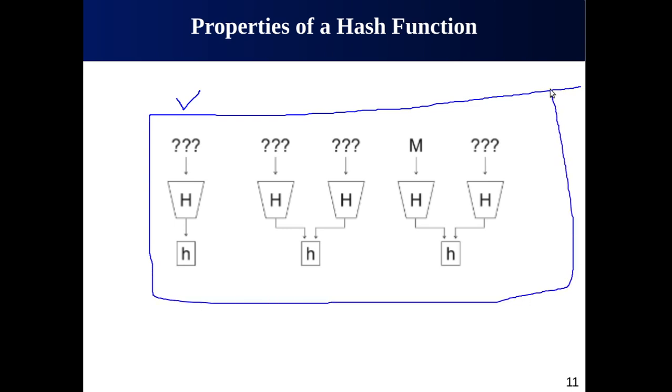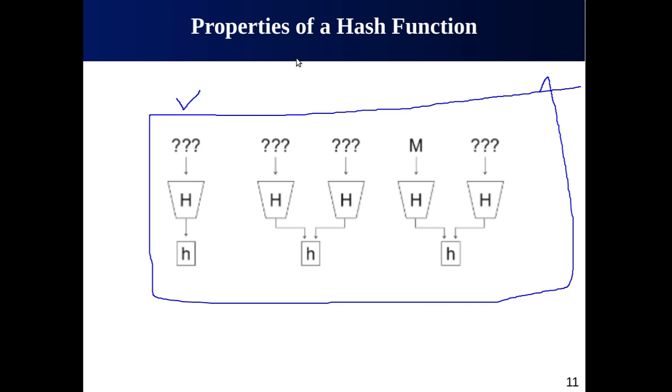You have to figure out from this figure which one is pre-image resistance, which one is weak collision resistance, and which one is strong collision resistance. For pre-image resistance, let me tell you that if you are given a hash value, it is going to be infeasible to generate a message from that hash value. And we saw it in cryptography as well.